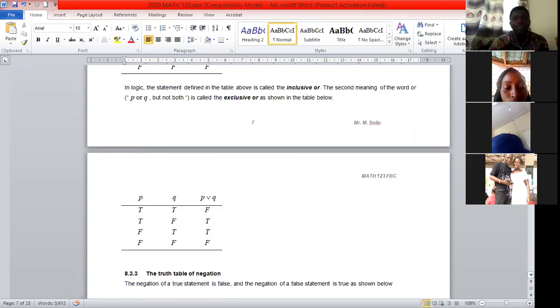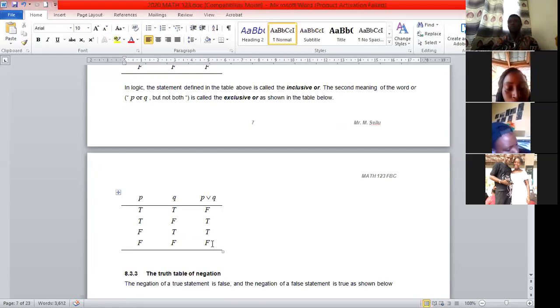Now, in logic, the statement defined in the table above is called the inclusive or. The second meaning of the word or, but not both, is called the exclusive or, as shown in the table below. Look at it. True or true, that's the exclusive or, is equal to false. True or false is equal to true. False or true is equal to true. And then false or false is equal to false.